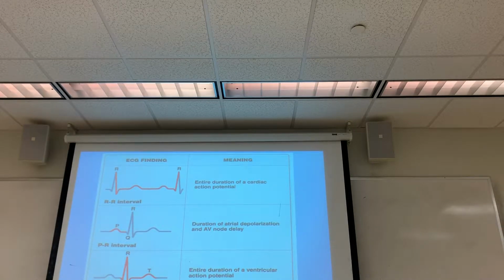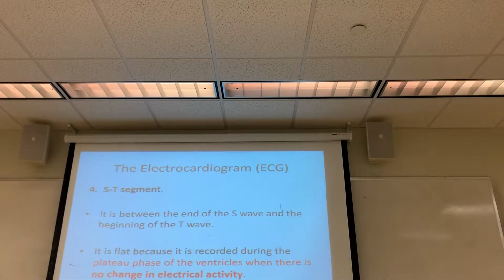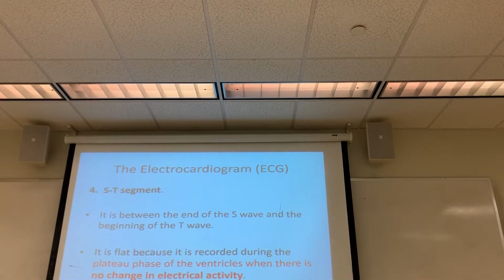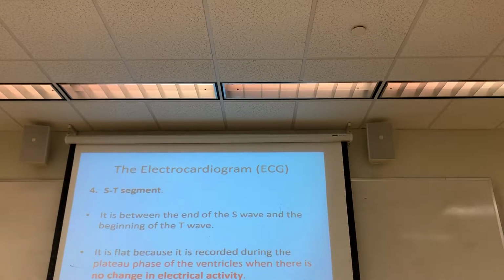This is not only EKG; we'll also be studying the cardiac cycle, the contraction and then the relaxation of the heart. The last one is the S to T segment. You have the S wave, which is from the QRS, S to T. What's happening in the S to T interval? That segment is a plateau, a plateau phase when there is no change in electrical activity.